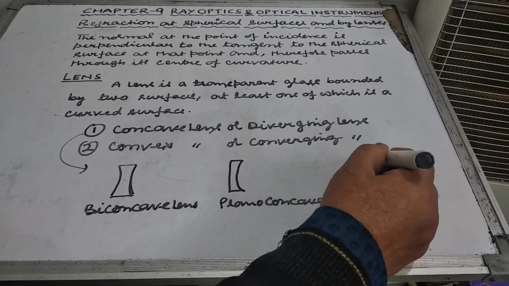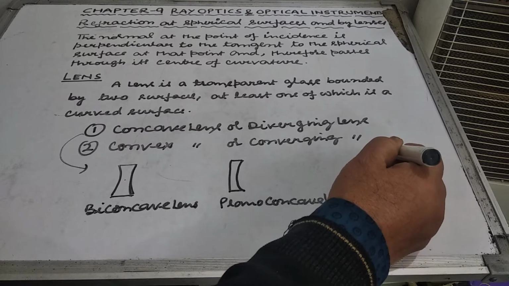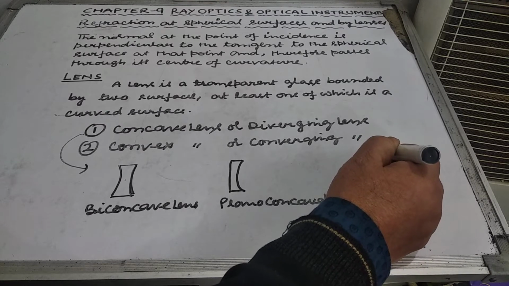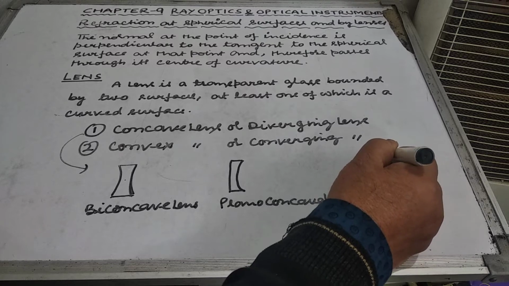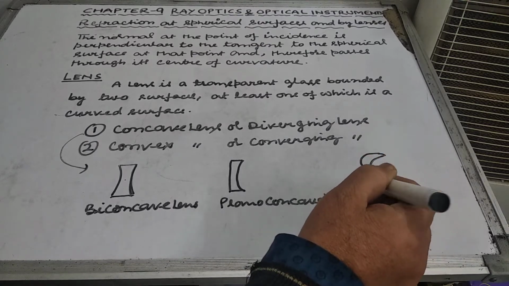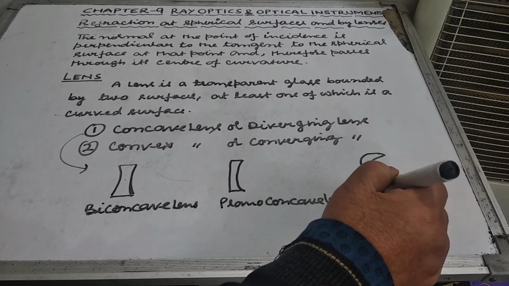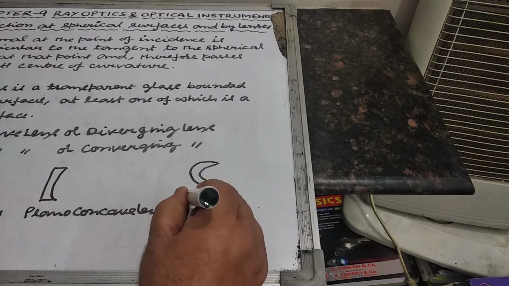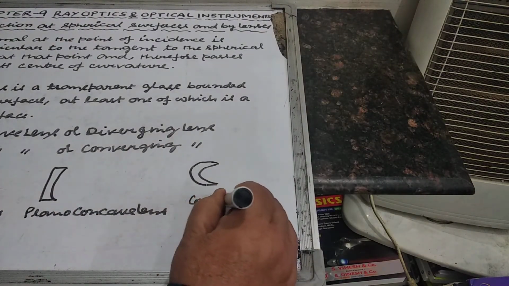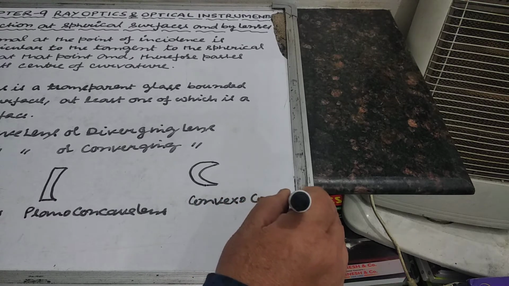And the other type is known as the convexo concave lens.